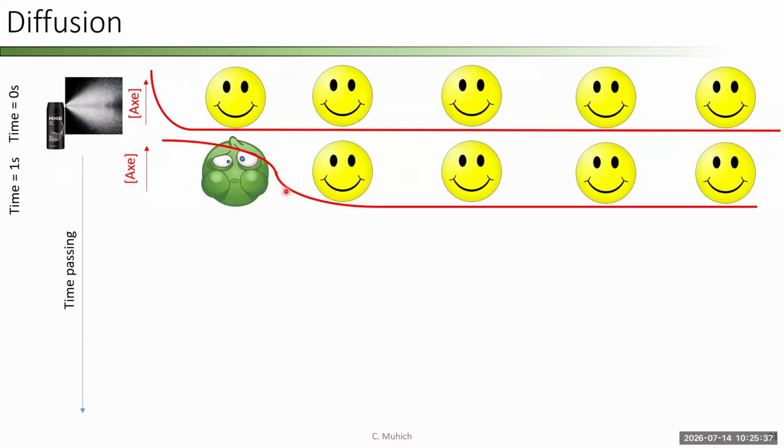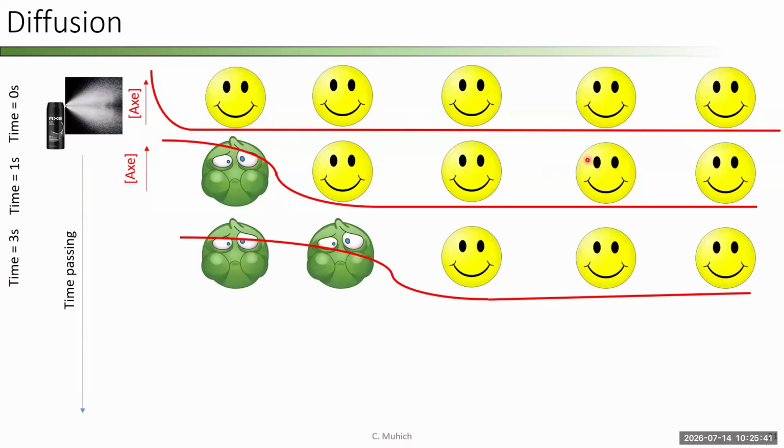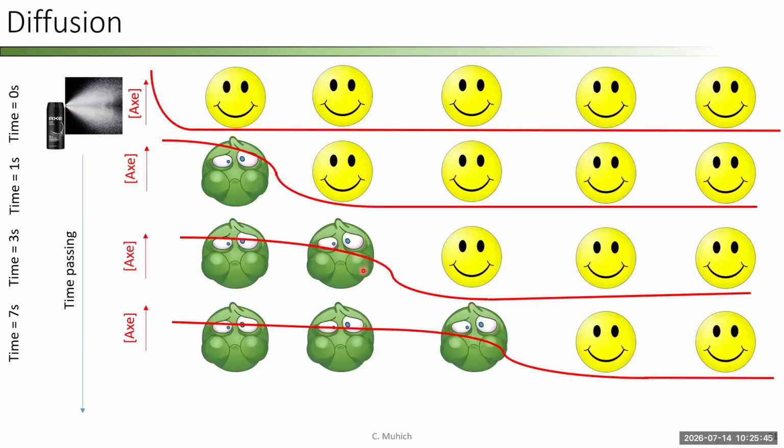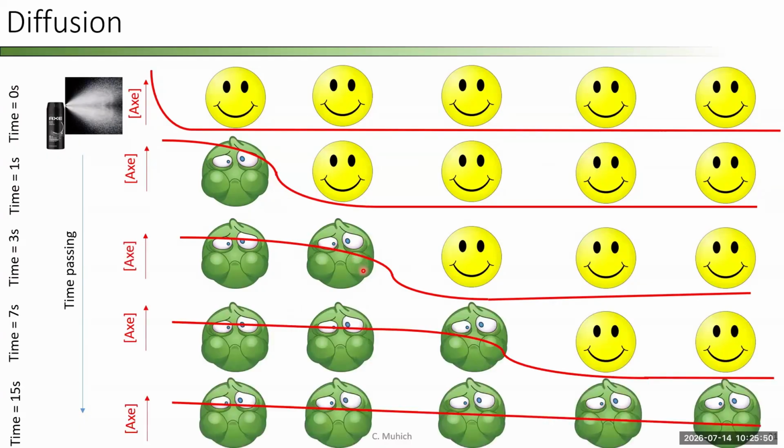And then over time, this concentration is going to move to the right. The second person, the next person over, is going to smell it. And then the next person over will smell it a little bit later until finally everybody can smell that X.